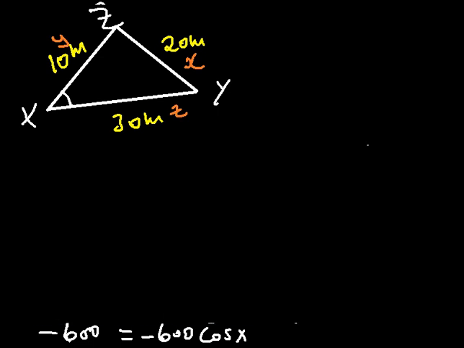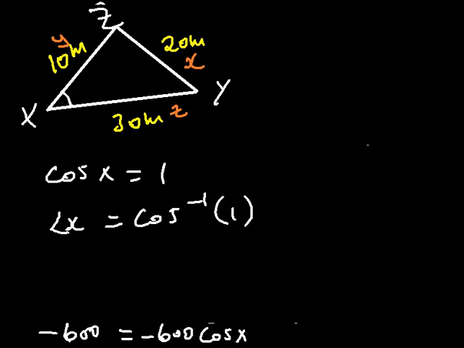In that way, we'll have cos X being given as 1. So in that case, we'll have angle X given as the cos inverse of 1.